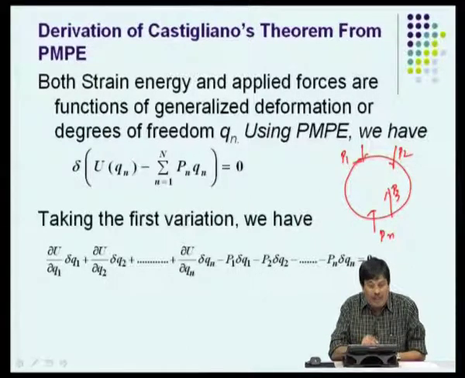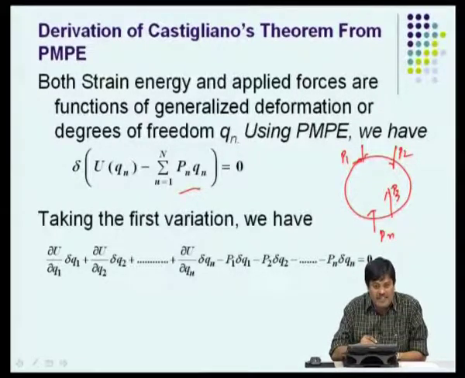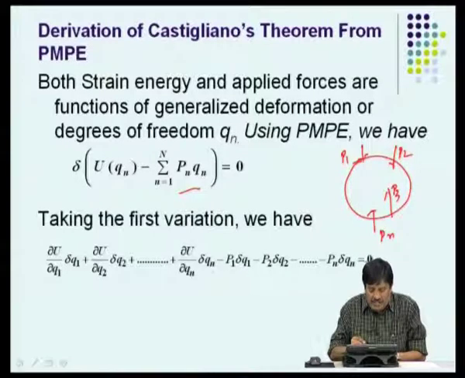According to the theorem of minimum potential energy, the total work done by the external forces is minus V. So, we have put this in this form here, and since the strain energy is a function of this Qn, we expand it by using the chain rule, which is dU by dq1 into delta q1, dU by dq2 into delta q2, etc.